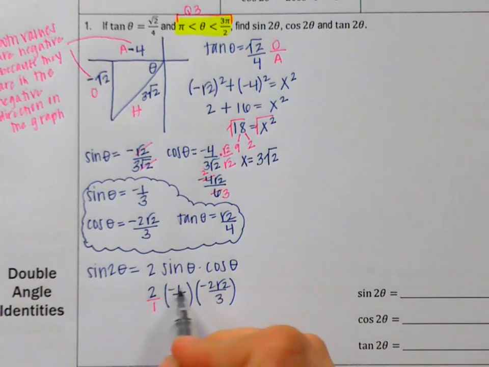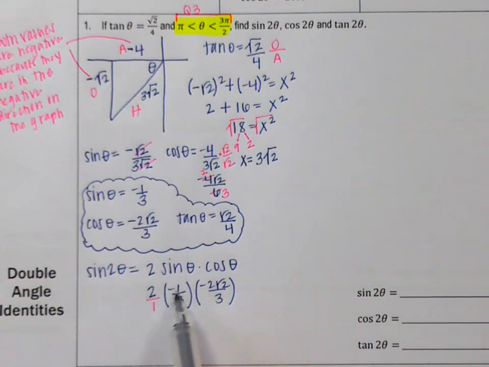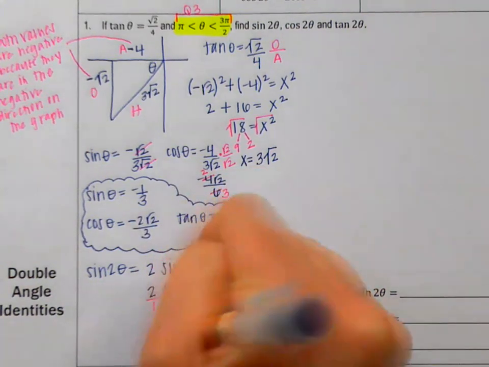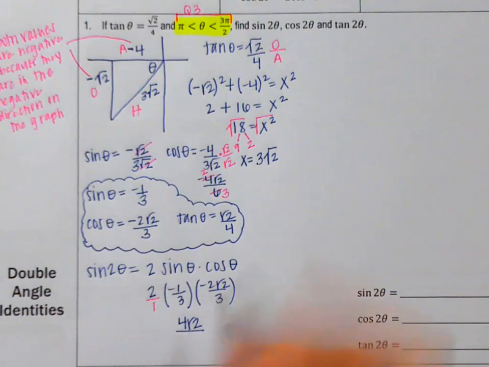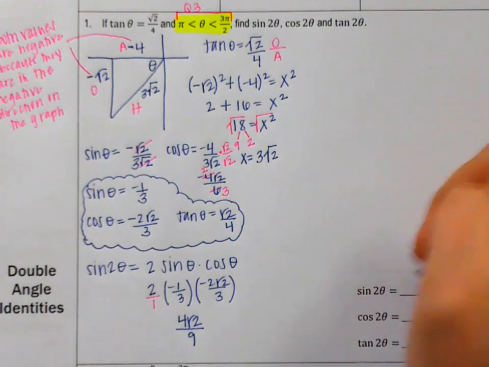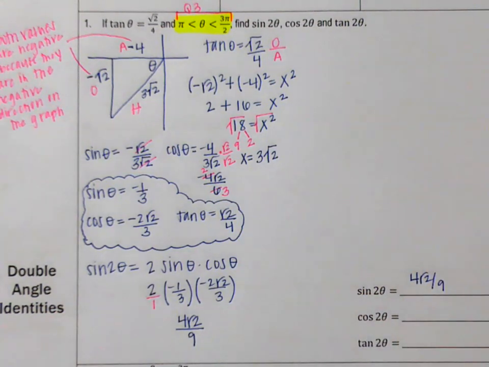So 2 times negative 1 times negative 2 rad 2: 2 times negative 1 is negative 2, and then negative 2 times negative 2 gets me a positive 4. The rad 2 stays the same, and 1 times 3 gets me 9. Nothing I can do to simplify. So my final answer for sine of 2 theta is 4 rad 2 over 9.